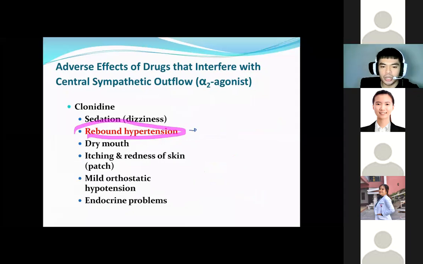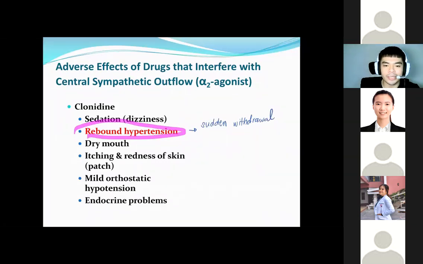So regarding rebound hypertension caused by clonidine, this is because of sudden withdrawal of clonidine use. Okay, again, that is because of sudden cessation from exposure or sudden withdrawal. Kaya in some references, ang tawag natin sa rebound hypertension caused by clonidine is clonidine withdrawal induced hypertension.